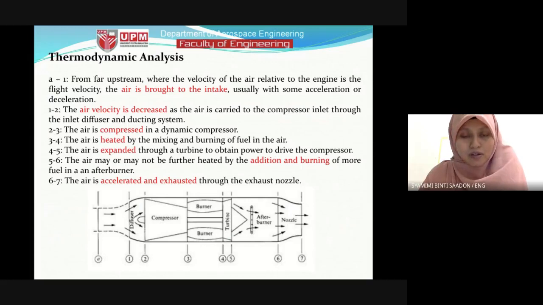Of course, in order to evaluate the performance of the turbojet and turbofan engine, we have an equation for each step, like power plant in aerothermodynamics. From 1 to 2, what is the equation? From 2 to 3, what is the equation? 3 to 4, what is the equation?